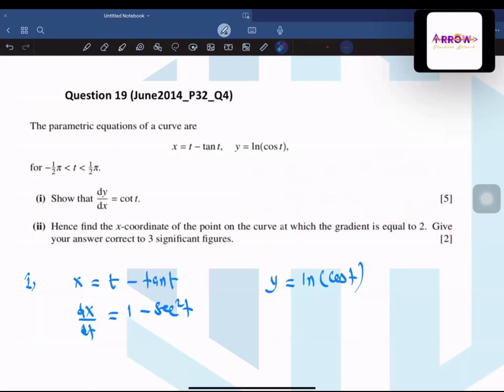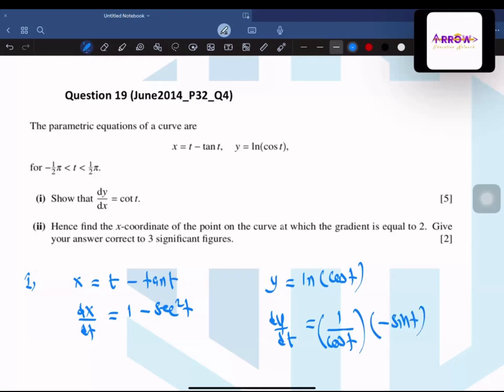This is established by the chain rule and the differentiation of ln functions. So when we differentiate y with respect to t, dy/dt is equal to 1/cos t multiplied by −sin t, because when we differentiate cos t, we get −sin t.